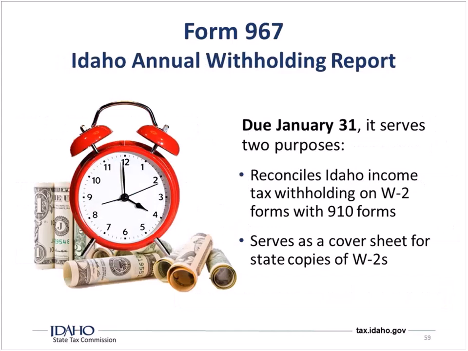We have more forms. We have the 967, which is the Idaho Annual Withholding Report. This is due on January 31st. And what it does is that it reconciles your Idaho income tax withholding on your W-2 forms with the 910 that we just looked at. It also serves as the cover sheet for the state copies of the W-2.